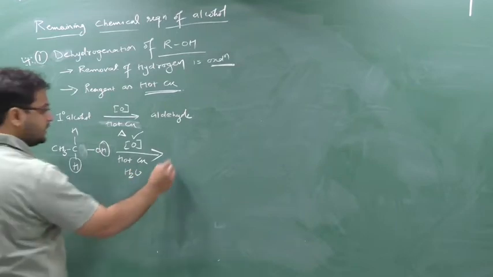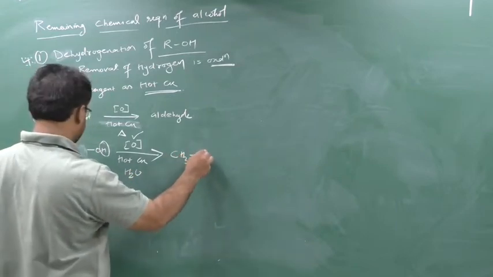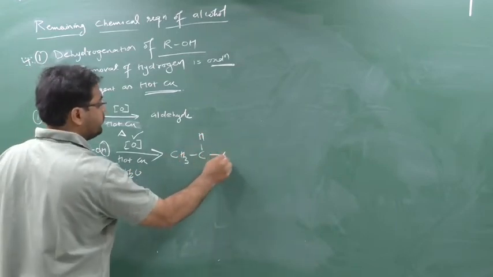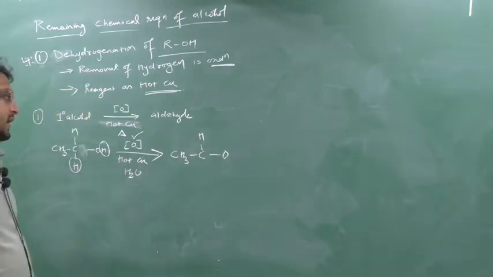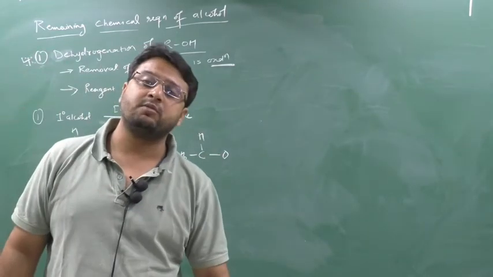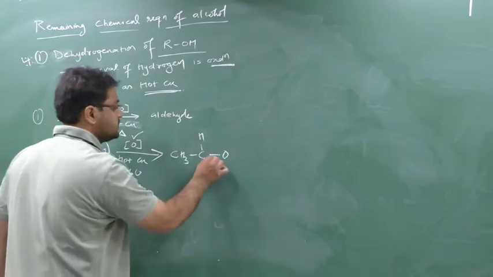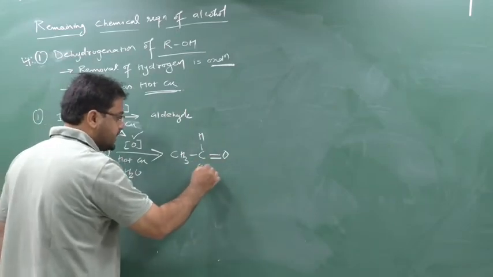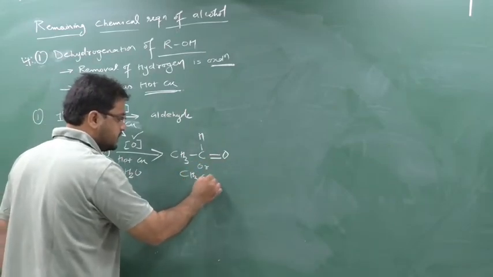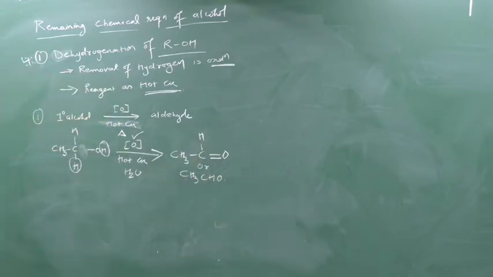So the remaining is CH3, here C, and here H and here O. But you know that carbon can never have a single bond with oxygen here, it should be a double bond only. So this is something but what? Aldehyde only, no? CH3CHO. In this way, do the reaction.